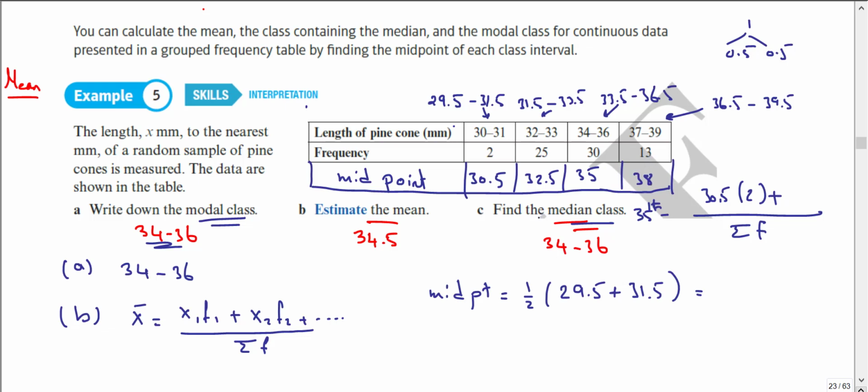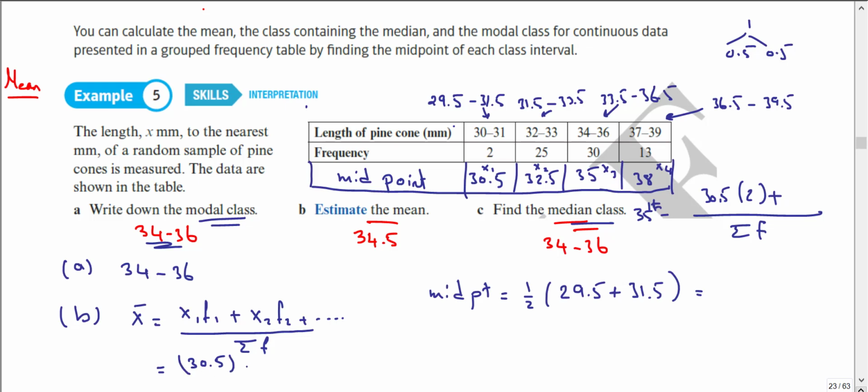Now that you have all the midpoints, apply this rule. So you say, okay, it equals x1, where x1 here is the midpoint. This is x1, this is x2, x3, x4, and so on. So x1 is 30.5.